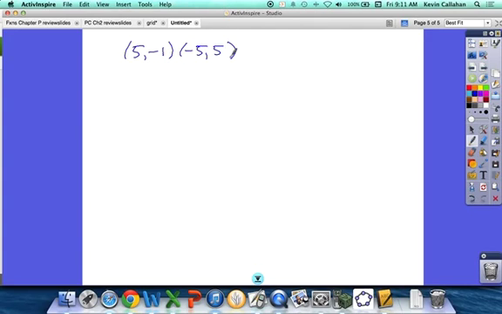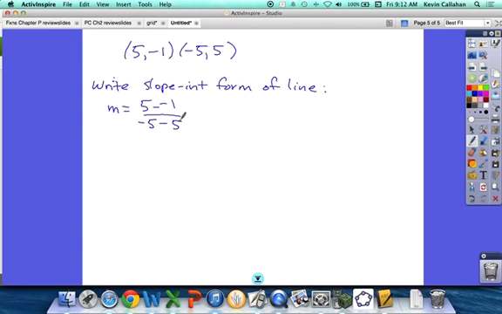We want the slope-intercept form of the line. First thing, calculate the slope. 5 minus negative 1 over negative 5 minus 5, which is 6 over negative 10, which is negative 3 over 5.